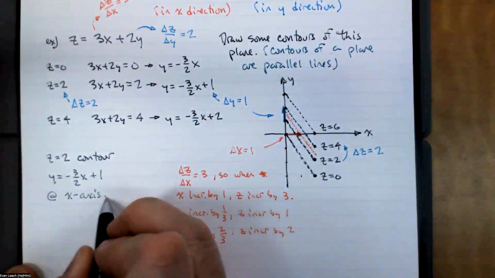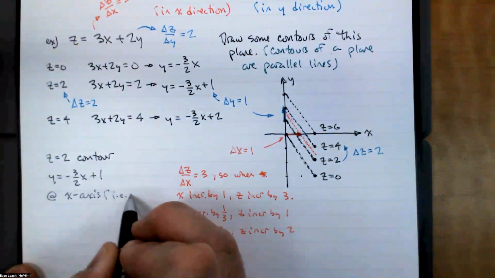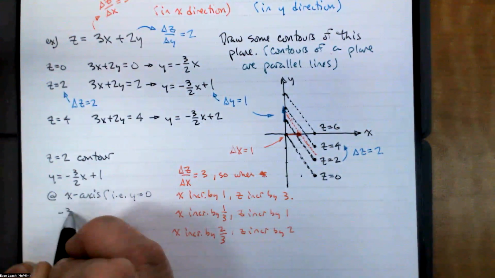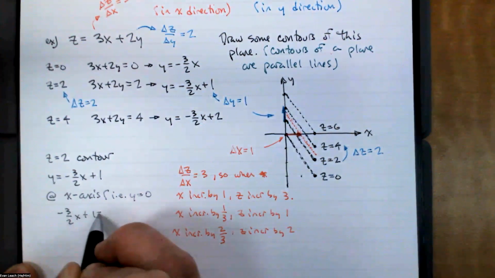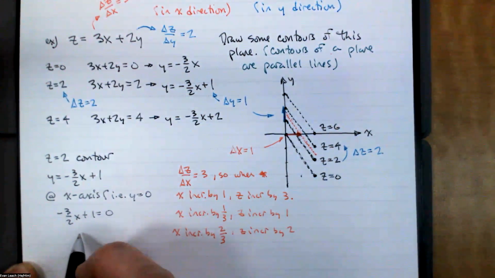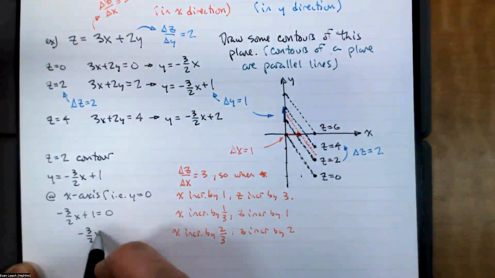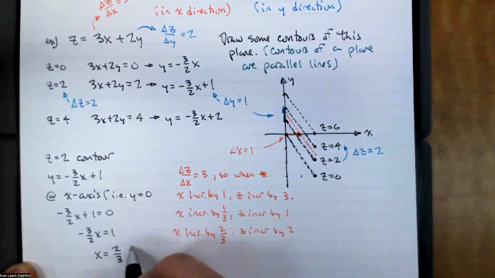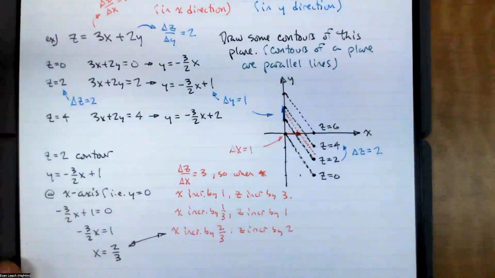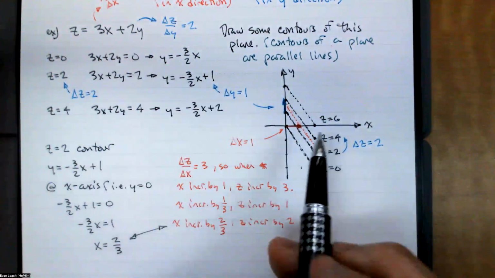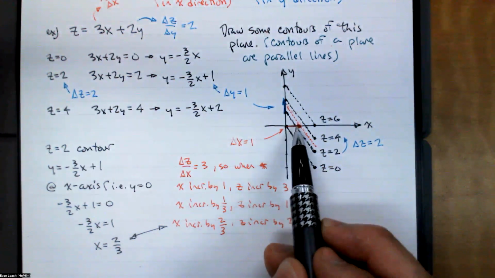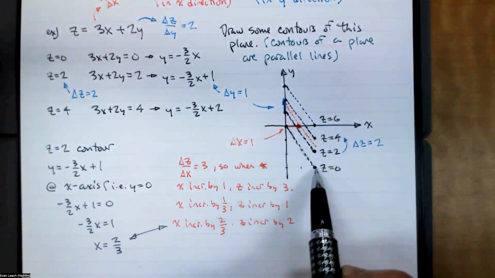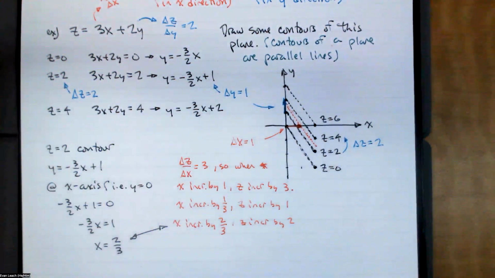That means y equals 0. -3/2 x plus 1 equals 0. That tells us that -3/2 x is equal to -1. So that happens when x is equal to 2/3, just like we suspected. When x increases by 2/3, z will increase by 2. Any questions?